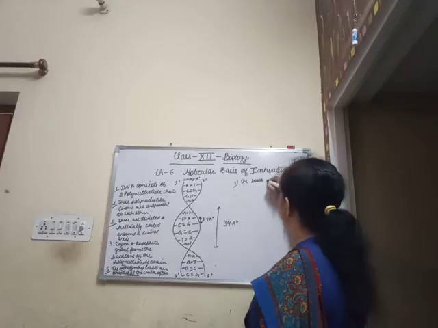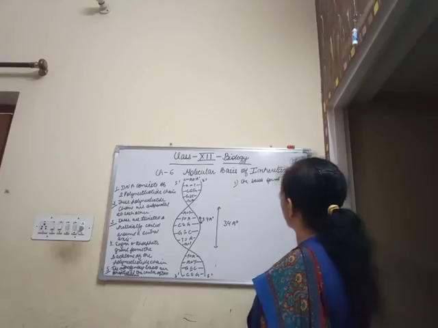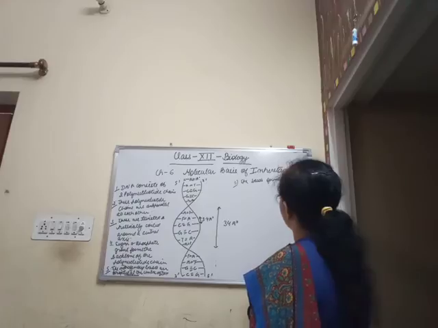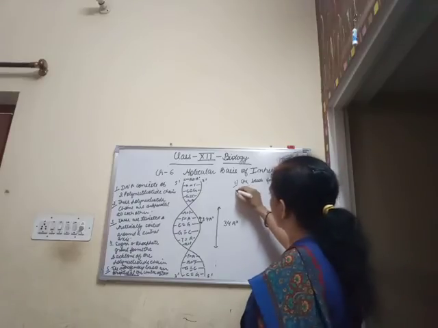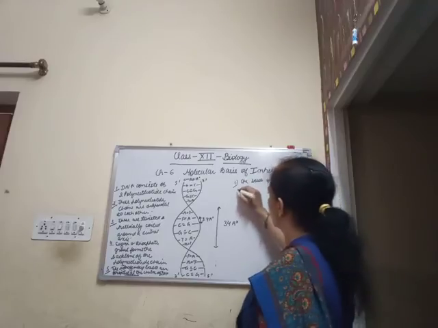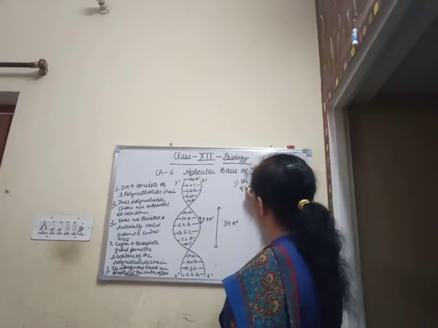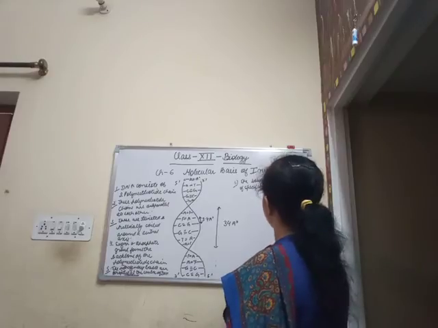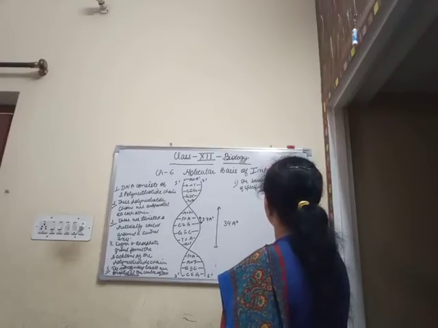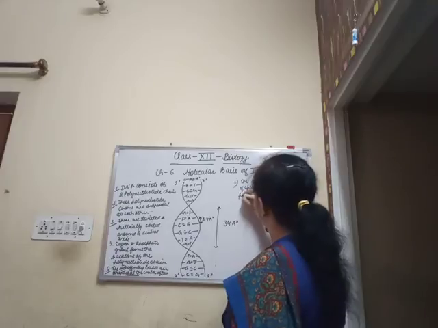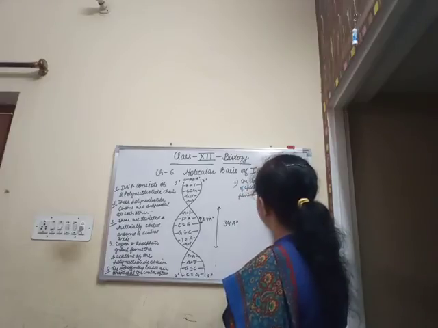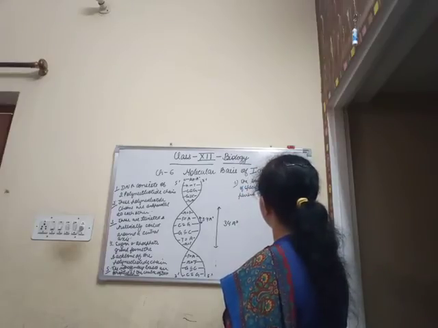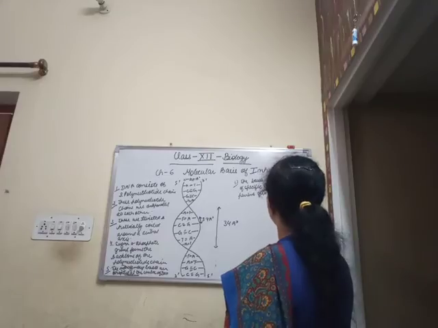The bases form base pairs of specific types. That is, the purine gets linked to a pyrimidine.